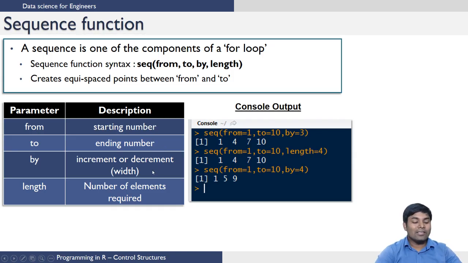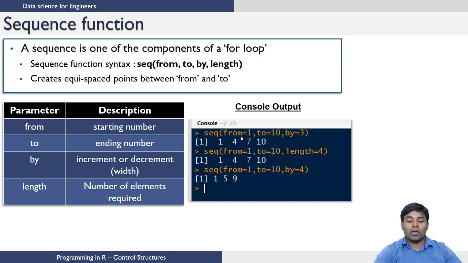You can define the sequence by providing either by or length. When you provide the argument by, it specifies by what increment or decrement the sequence has to be generated. When you provide the argument length, it will create the number of elements that are required from the starting number to the ending number. You can see the examples here.